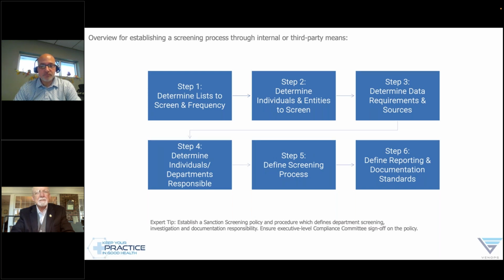Step one through 6, determining screening process. Really determine your list you want to screen. Straightforwardly put, everything that exists as far as state and federal Medicare lists. There's not much of an option to leave any of those out. Determine your individuals and entities to screen. Individuals and entities, that's everybody you pay.